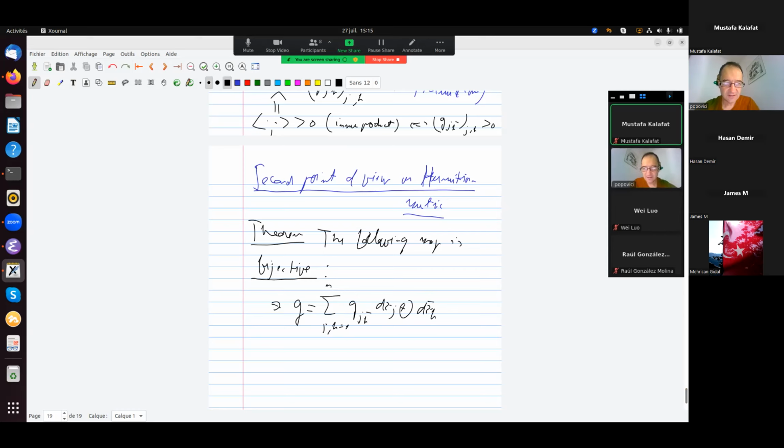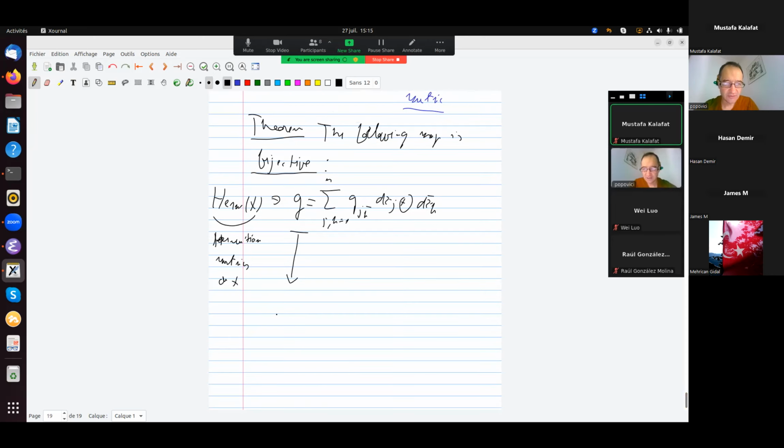So this one lives in, let's call the space Herm(X), the space of Hermitian metrics on X. And we map this to the following object, the 1-1 form, let's call it omega or omega_g, defined in the following way.